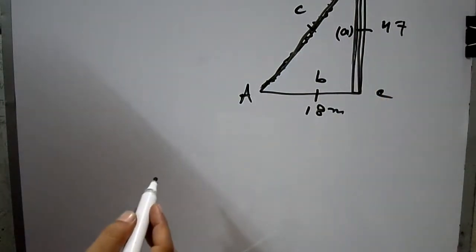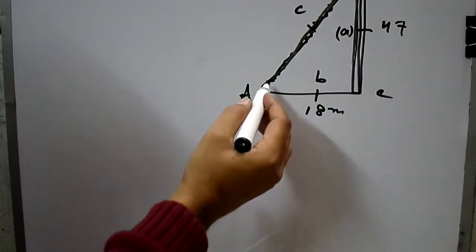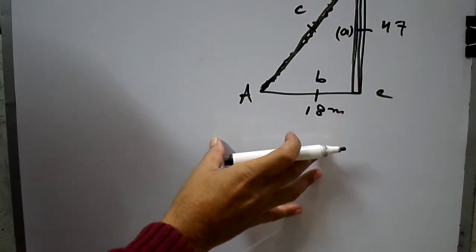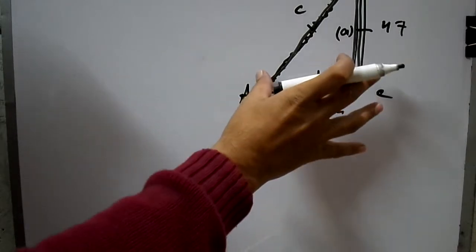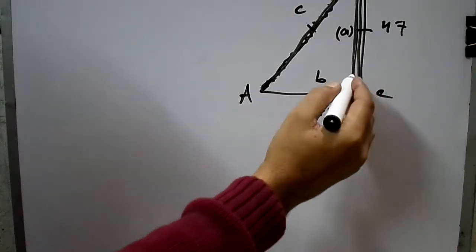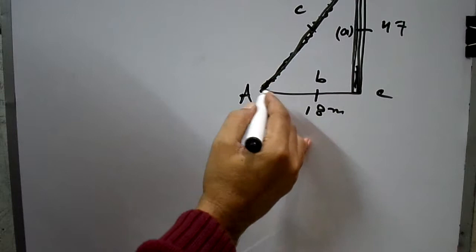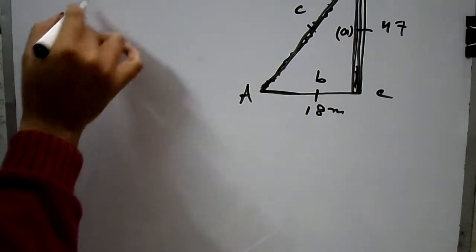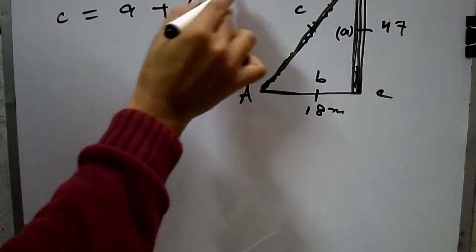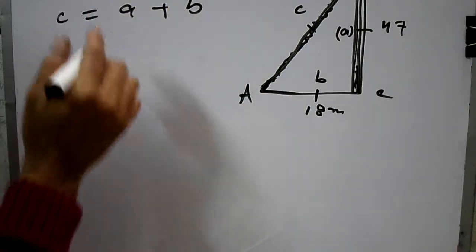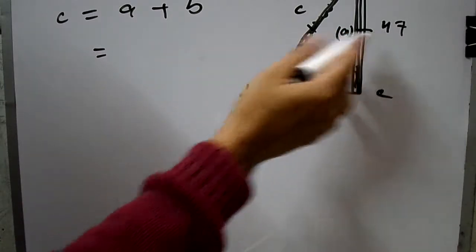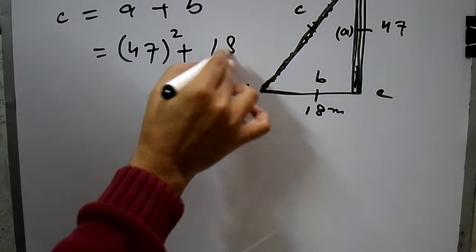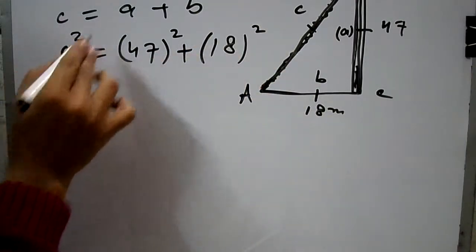So you can find the value of c square. It is a simple Pythagoras theorem that you can apply. Since c square is equal to a square plus b square. Now putting the values, the value of a, altitude, is 47 square, then the value of b is 18 square. You have to find c square.